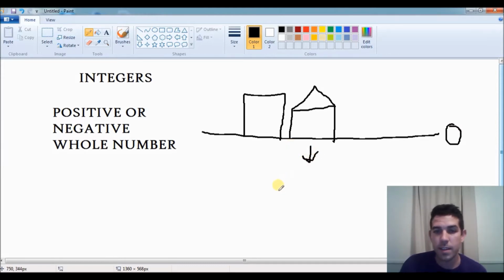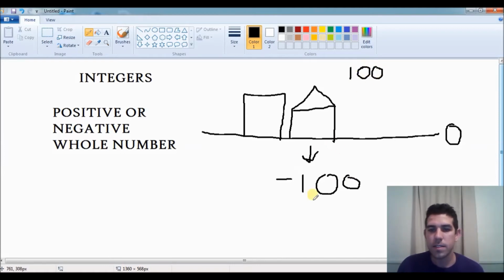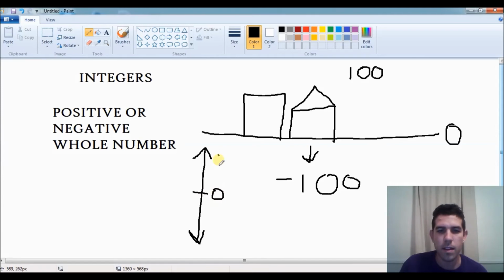Everything that's below ground, or below sea level even, would be negative numbers. Things up high are positive, things down low, negative. So really the number line should be up and down, with the positive numbers up top and negative numbers at the bottom.